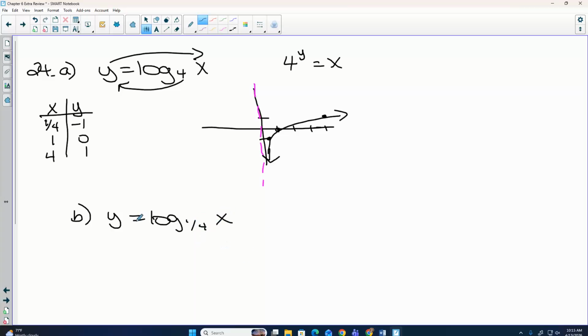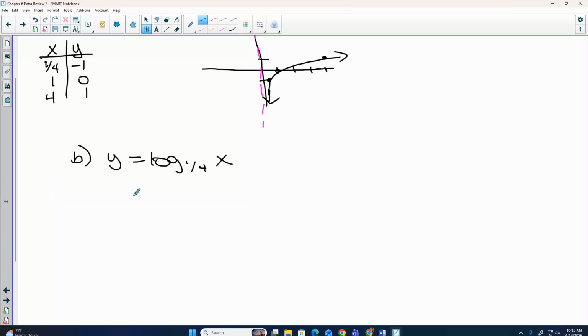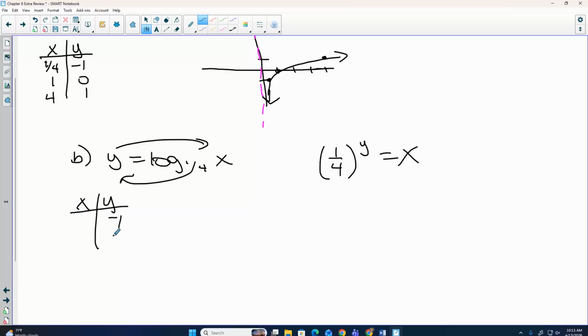So on B, can I write that in exponential form? That means 1/4 to the y is equal to x. So we make our t-chart. Put in -1, 0, and 1 for the y. 1/4 to the -1, 4. 1/4 to the 0, and 1/4 to the first. -1, 1, 0, 1/4, 1.